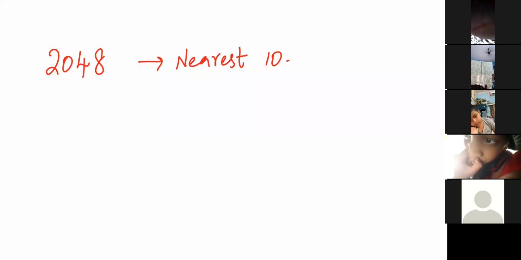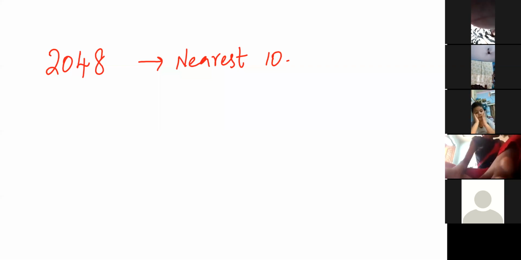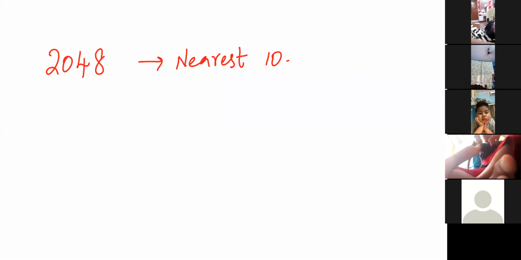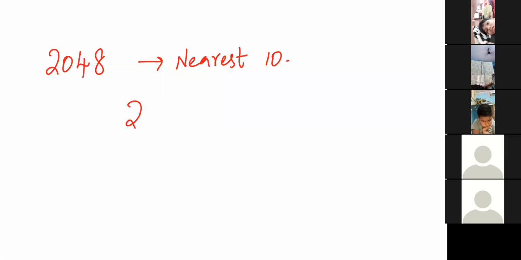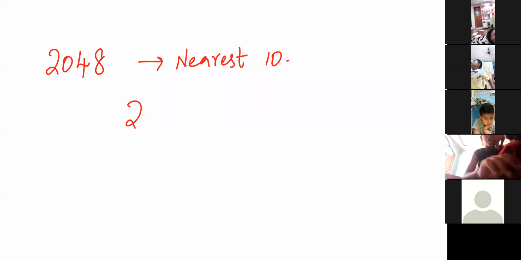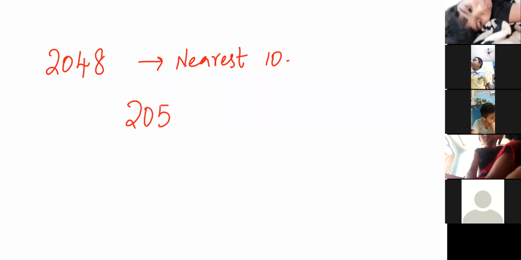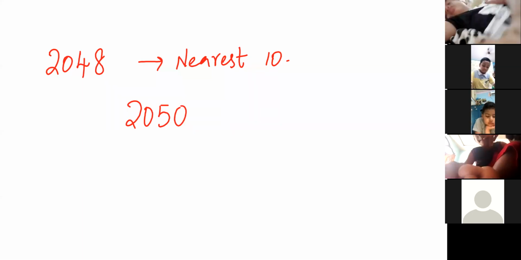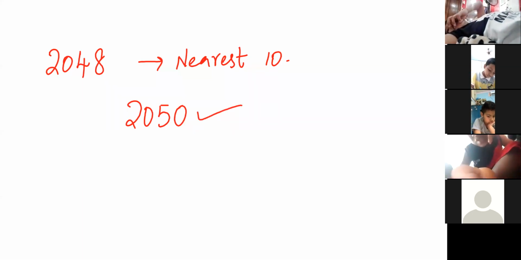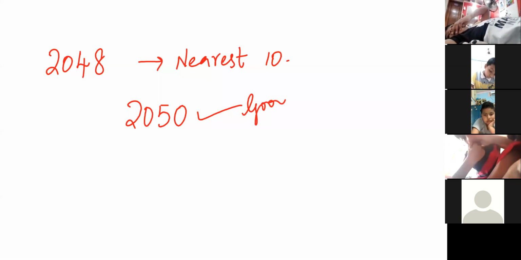How much will you get after you round off this number to its nearest 10? 2000? Very good. Then say it clearly and louder. A bit louder you can say, right? It's 2050. 2050.